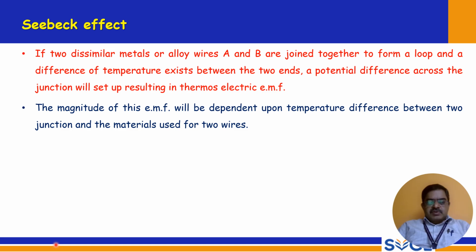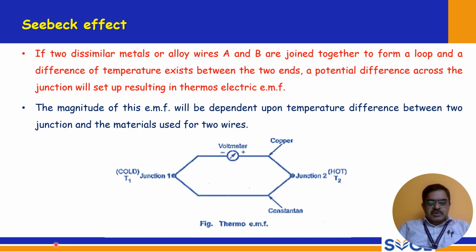The magnitude of this EMF will depend upon the temperature difference between these two junctions and the materials used for the two wires. Here is the simple Seebeck effect demonstration. This is the cold junction T1, and this is a voltmeter to measure EMF, and copper and constantan are joined at junction 2.